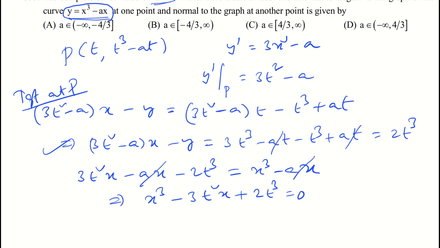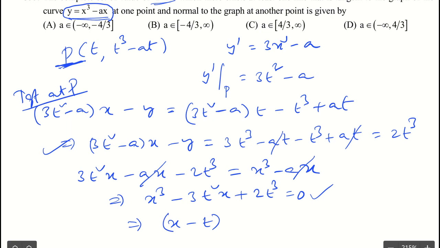Now we factorize this for the values of x. Obviously we know that P is a common point. You are solving the tangent at P and the curve, so that should come out as one of the roots of this equation. Actually it is touching the curve at t. Therefore I'll have t as a double root.